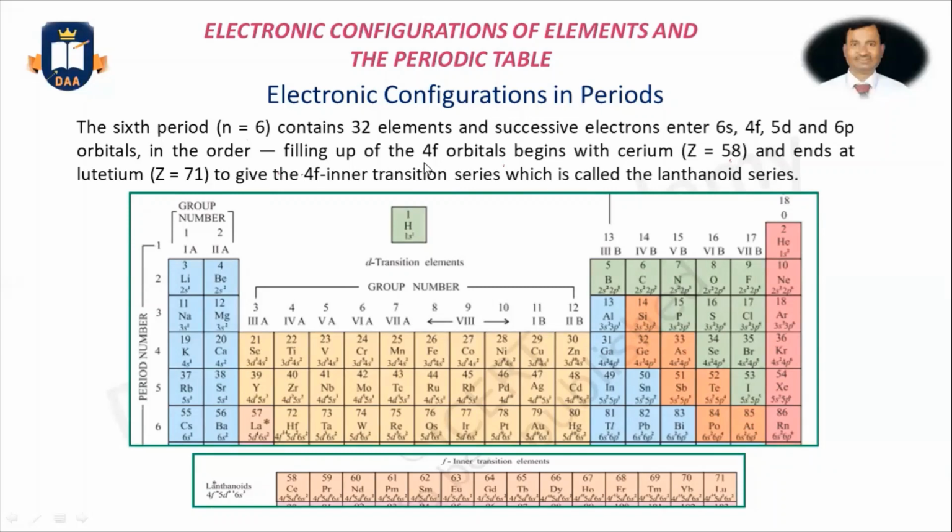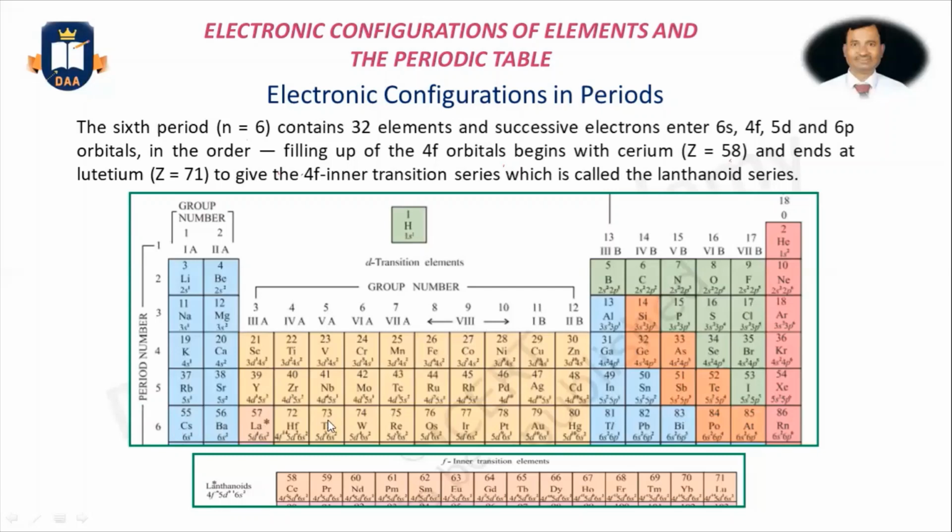It means 7 plus 5 is 12, plus 3 is 15, plus 1 is 16. So 16 total orbitals belong to this sixth period. That means it's double, so 32 elements are present in this sixth period.